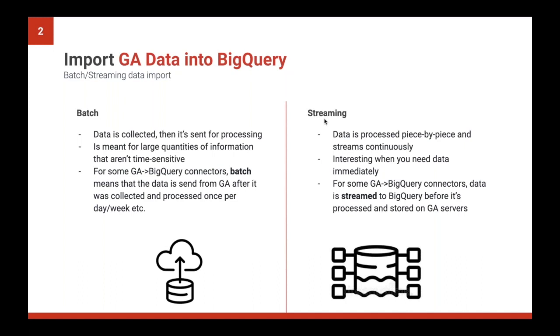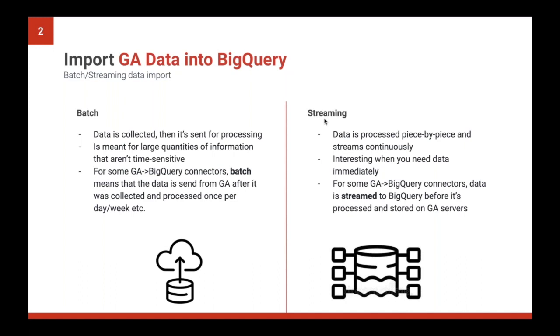So what is the difference between batch and streaming? I will explain, because as a marketer, these terms were new to me, so I would like to explain it in a simple way. Batch is when the data is collected, sent for processing, and sent to your data warehouse once per day, once per week.